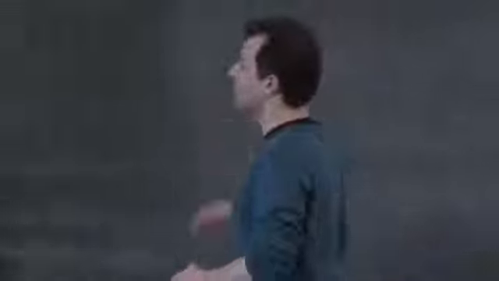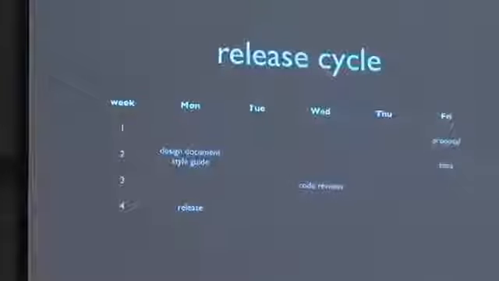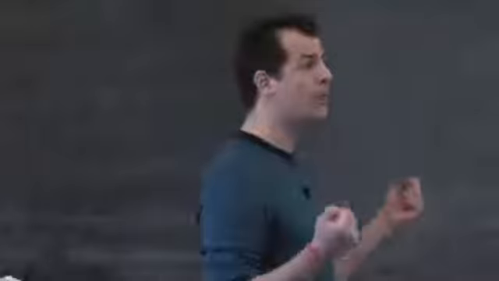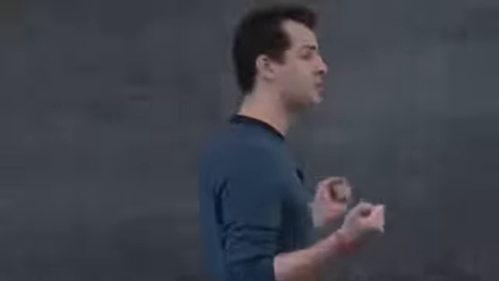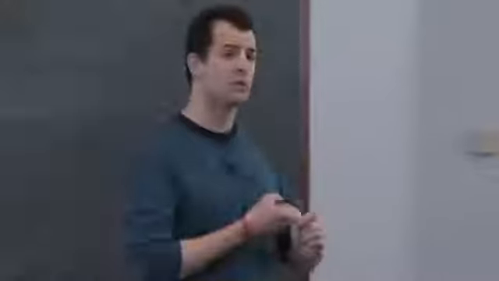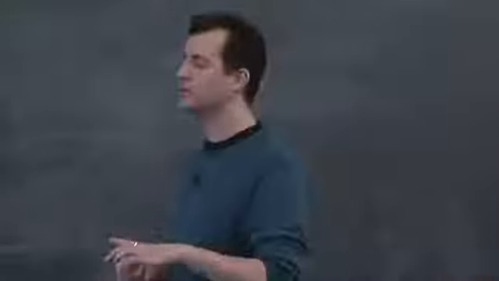So this is a typical release cycle. It fluctuates a little bit because of vacations and whatnot during the term. But next week, for the design document and style guide, you'll be expected, using your Bitbucket accounts, to actually put together both a style guide for this first project and a design doc. What does that mean? So a style guide will be akin to what we show in CS50, where you make some decisions, maybe arbitrary decisions, as to what your indentation is going to look like, where you're going to put spaces.